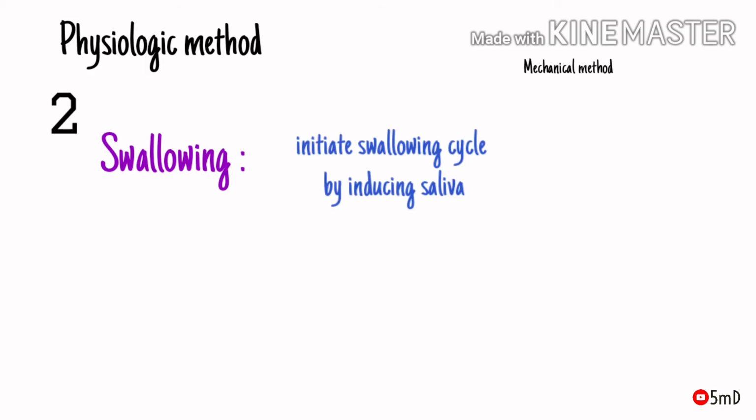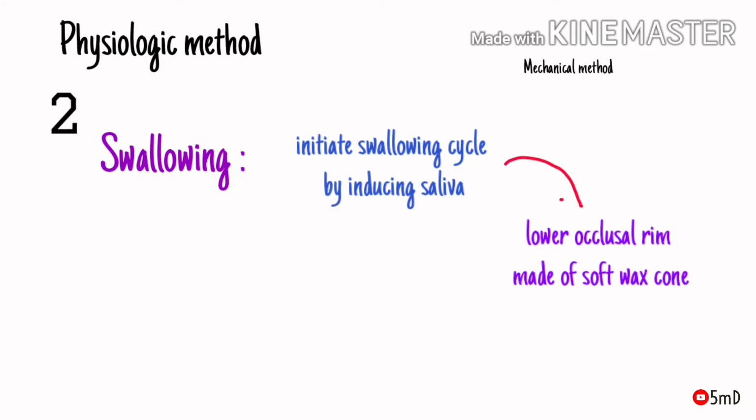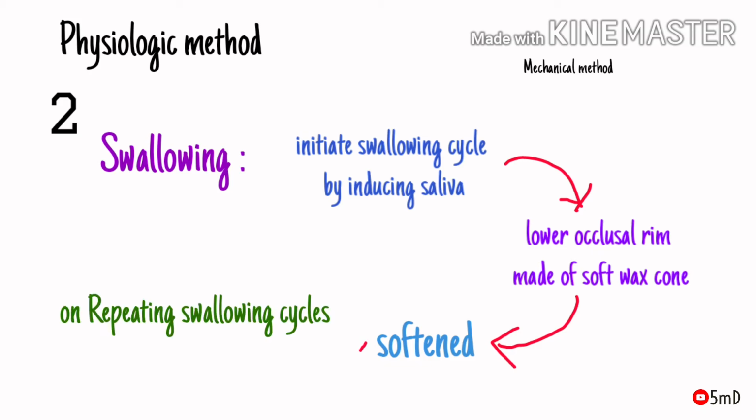To initiate the swallowing cycle, saliva is stimulated either using chocolate or a candy, and the patient is asked to repeatedly swallow. The lower occlusal rim is made of soft wax and is softened just before initiating swallowing cycles. On repeating the swallowing cycles, the softened lower occlusal rim is reduced until the vertical dimension at occlusion is established.